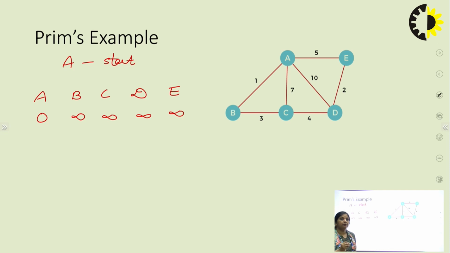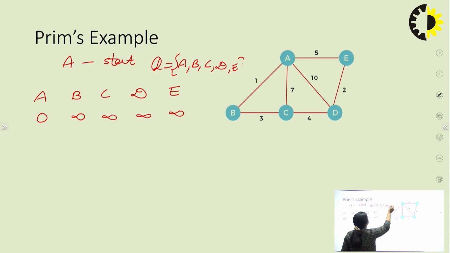Okay. Now, what is there in Q? In Q, all the vertices will be there. What are the vertices? A, B, C, D, and E. We are having 5 vertices. So, this is our priority queue. Which will be deleted? The deleted one will be the one with minimum key value.